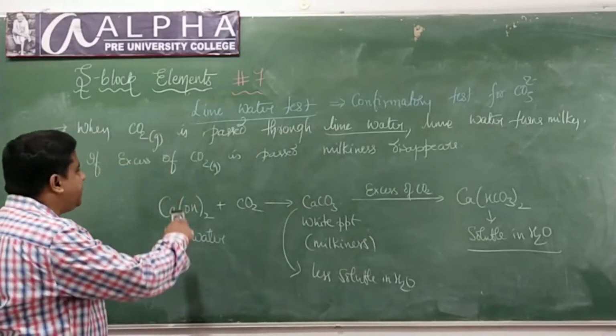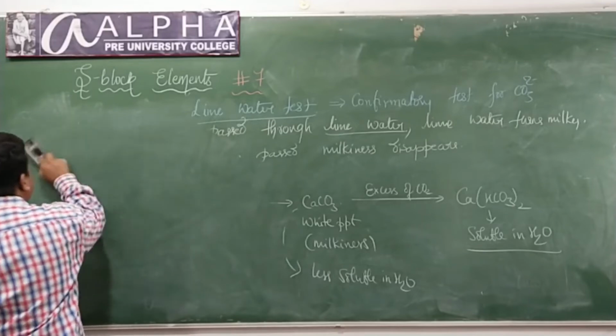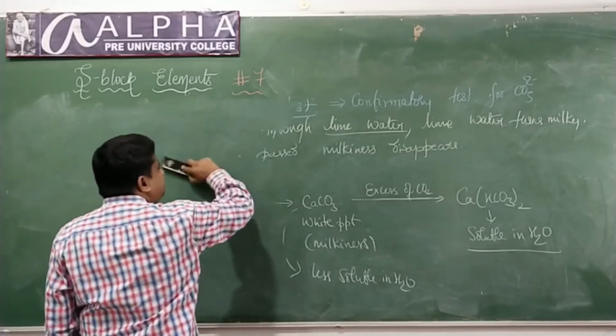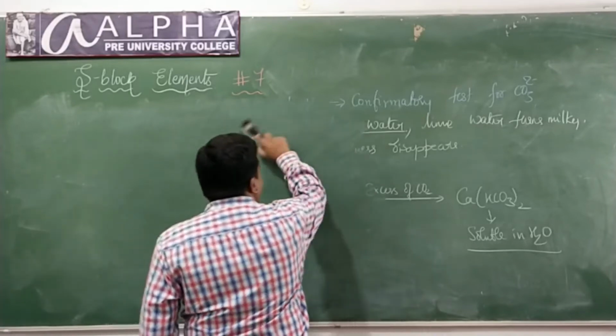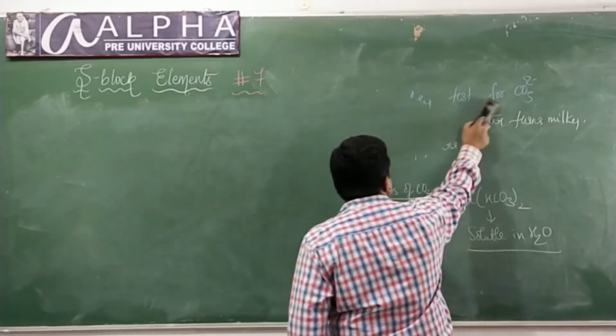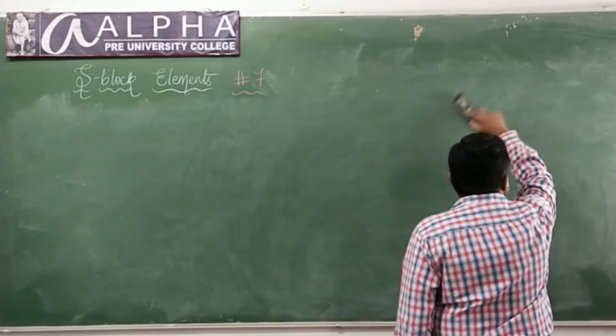Now let us understand the formation of nitrates and the formation of sulfates, the last two chemical properties of alkali metals and alkaline earth metals.